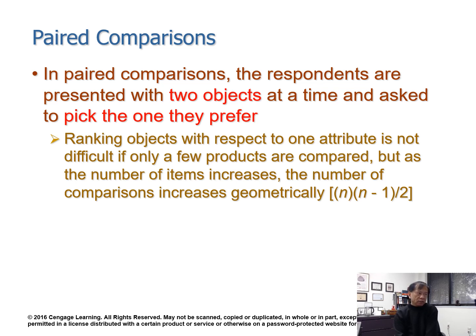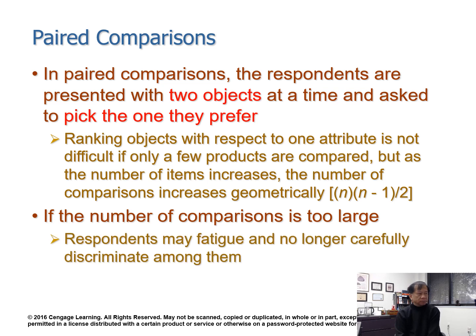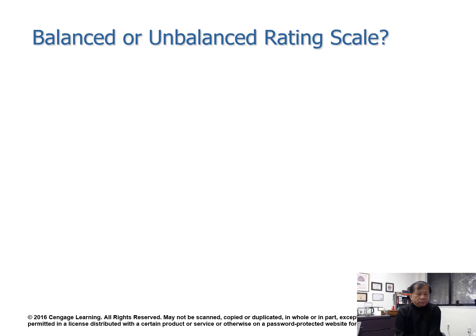But as the number of items increases, the number of comparisons increases geometrically. Okay? So if the number of comparisons is too large, respondents may fatigue and may no longer carefully discriminate among them. You cause them to be tired. They just will not be doing well.